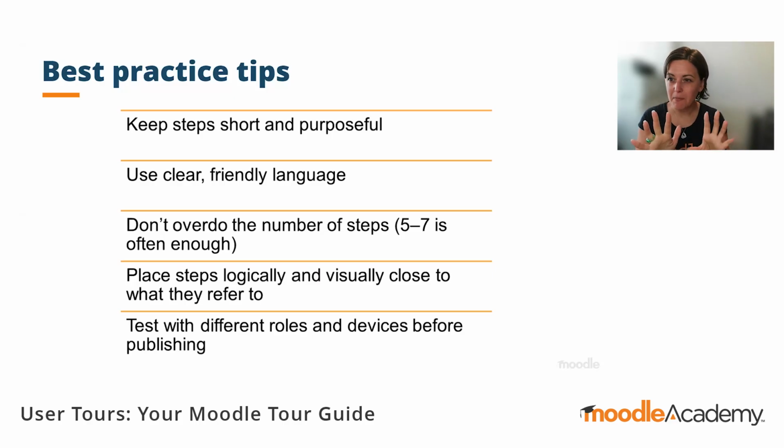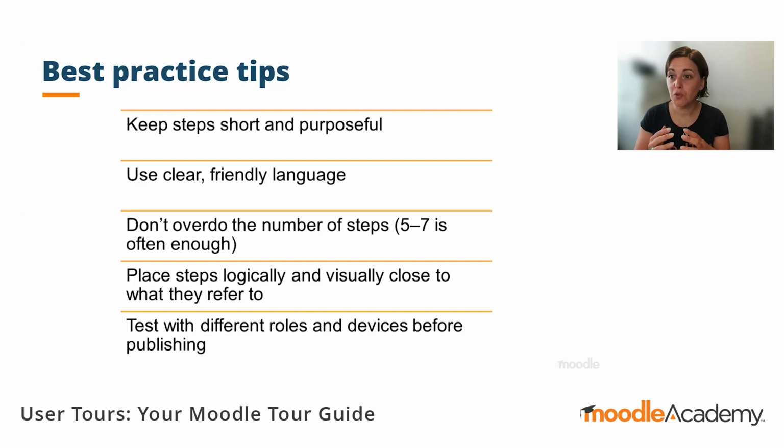Five to seven steps max is usually enough, but obviously some need more because you're guiding people through more complex things, and that's okay if you have to break it down. But for most things, try and avoid too many steps if you don't need them. They need to be placed logically and visually close to what they refer to, if possible.